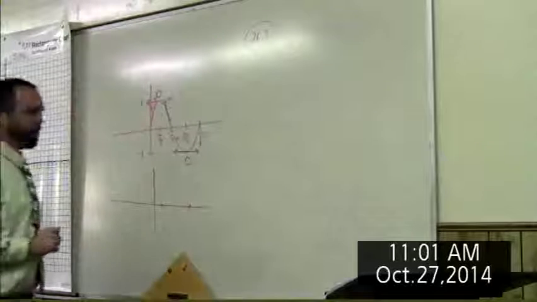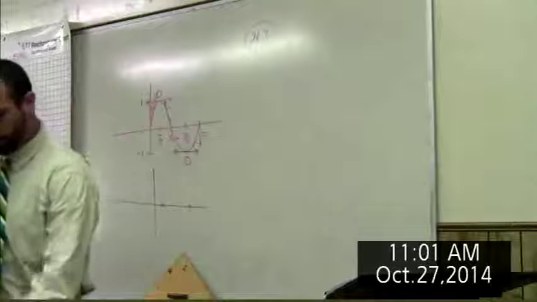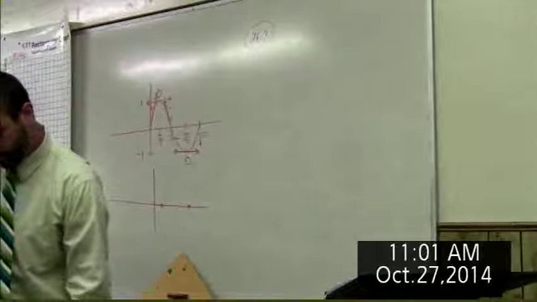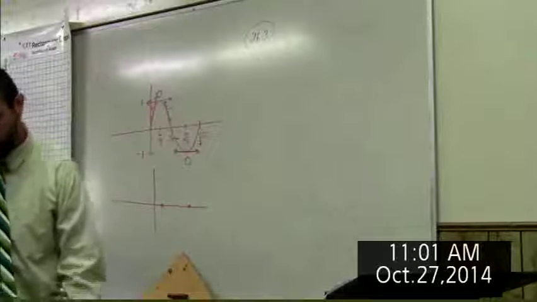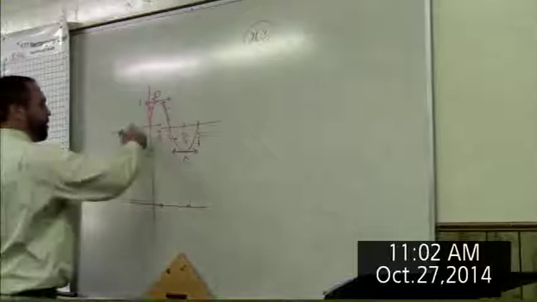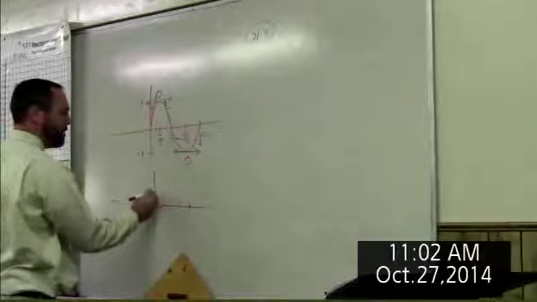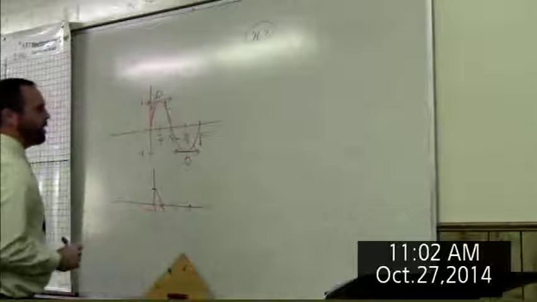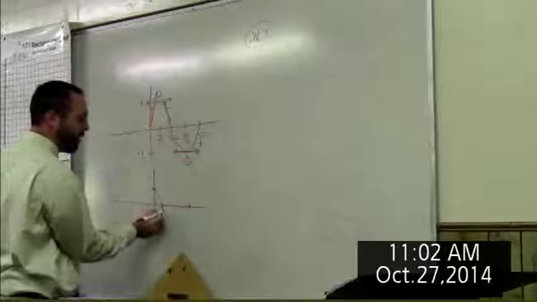And now we've also found that the slope is positive, meaning that it would have to be above the axis here. Okay, and we see the slope after this is negative, so it dips below.